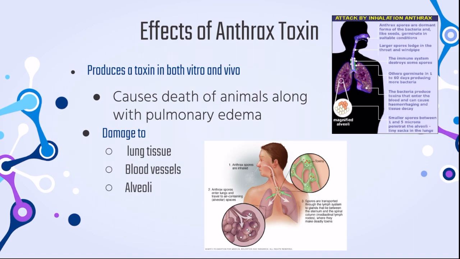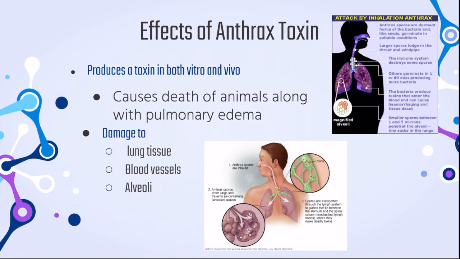The toxin can be produced in both in vitro and in vivo environments, which means in a controlled and an uncontrolled environment, both of which cause death of animals, accompanied with pulmonary edema. The effects of the anthrax toxin can cause damage to the lung tissue, blood vessels, and alveoli.